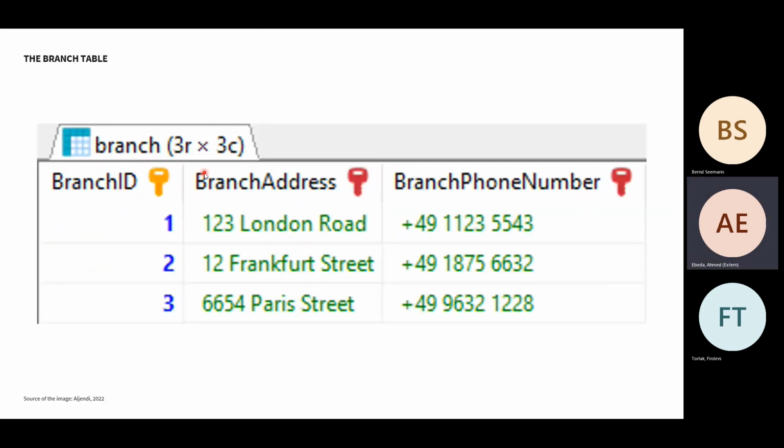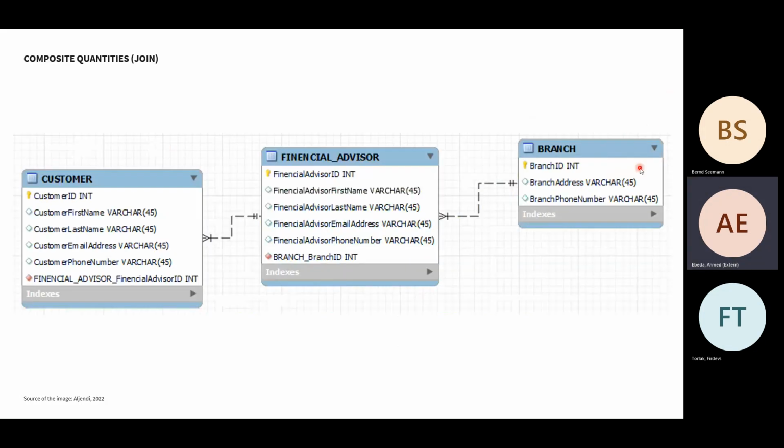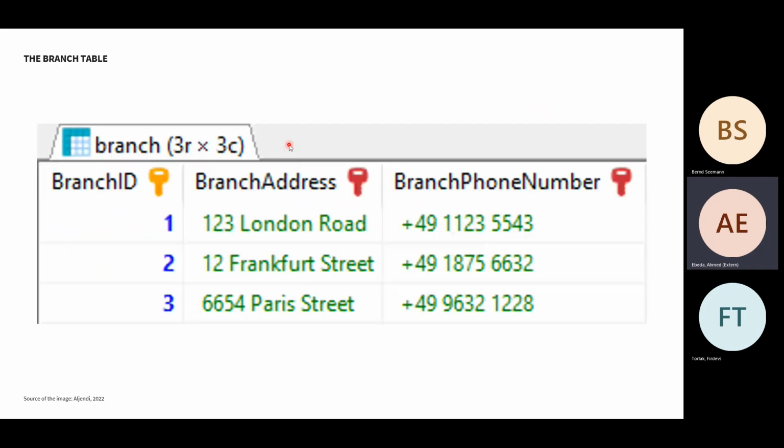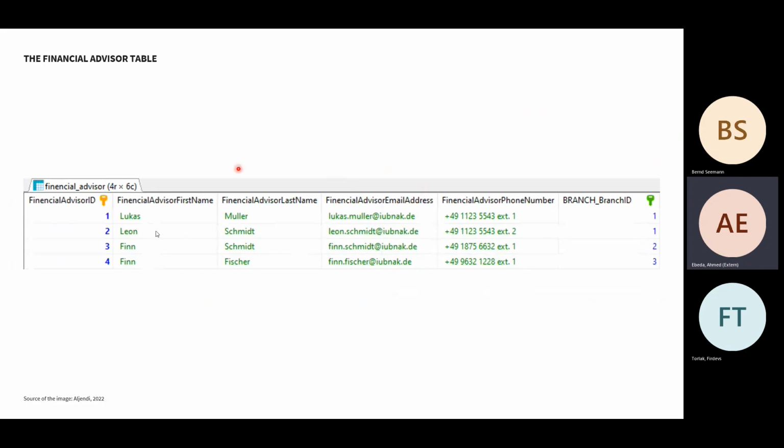If you need to show a result with branch ID, branch address and branch phone number, this is easy because you just select everything from one table. But if you want to connect data from two or three tables or even more, you need to write more complex statements, like this one.